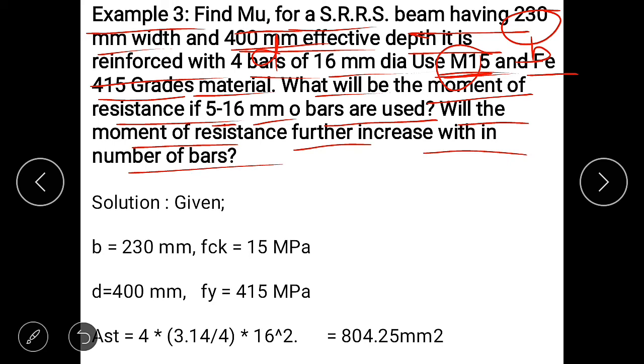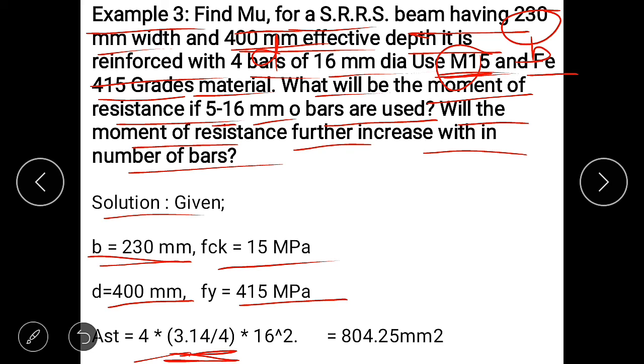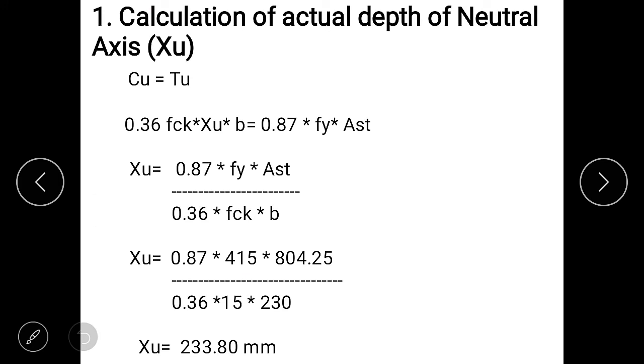For the solution, the given data: B is 230 mm, FCK is 15 MPa, meaning 15 Newton per mm square, d is 400 mm, Fy is 415, and AST is 4 bars of 16 mm diameter, so 804.25 mm square. Calculation of the actual depth of the neutral axis, Xu. Cu equals Tu.